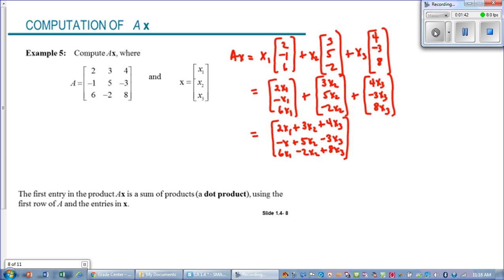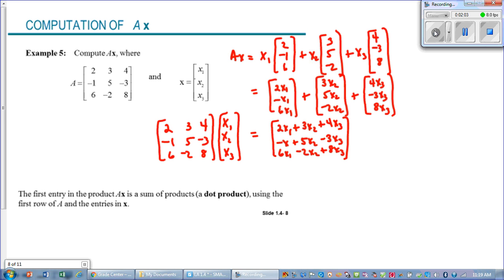Okay, now let's go back to the original matrix A times x, we had entries of A. I want to get to the product more directly.